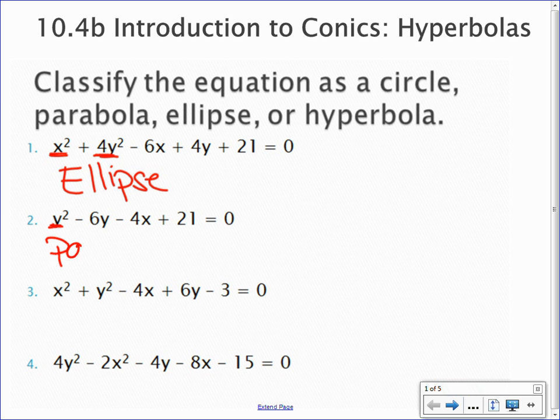No, so it's a parabola that opens, we're going to say, horizontally. If we move things over, it is going to open to the right because that coefficient of x is going to turn positive.